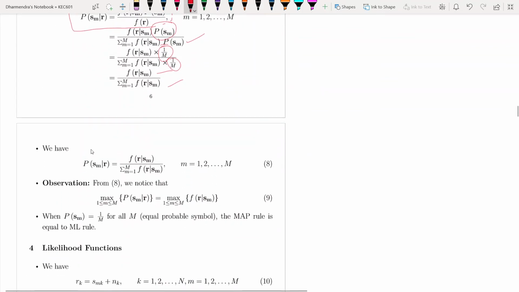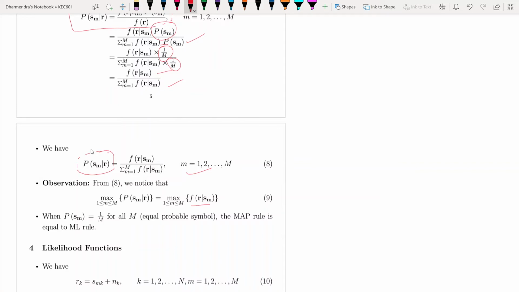So in the equiprobable case, this is the a posteriori probability of Sm given R. From this, we can observe that maximizing this a posteriori probability is equivalent to maximizing this likelihood function, the conditional PDF.